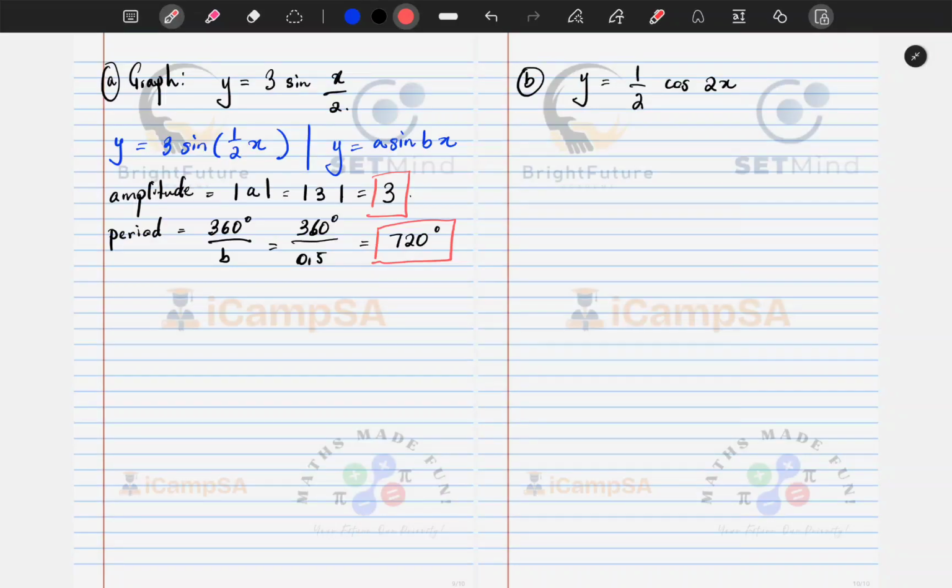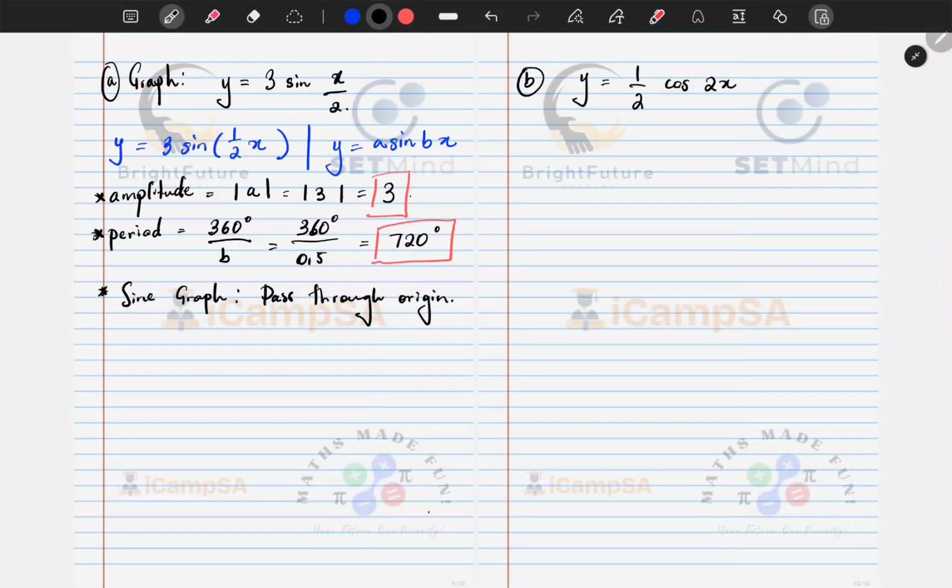Now we can go ahead and draw this graph. Remember, it's a graph of sine, so it will pass through the origin.